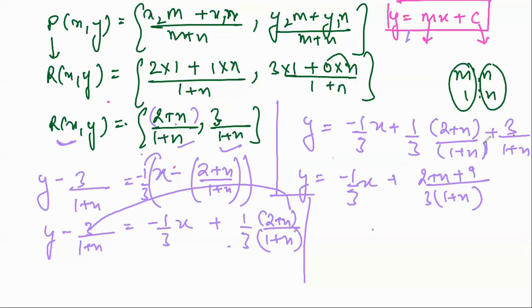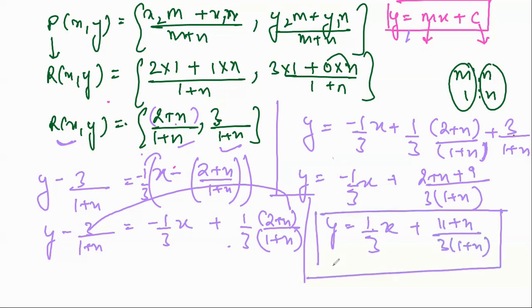So y is equal to minus 1 by 3 x plus (2 plus 9 is 11 plus n) over 3 times (1 plus n). This is the final answer: y equals minus 1 by 3 x plus (11 plus n) over 3(1 plus n).